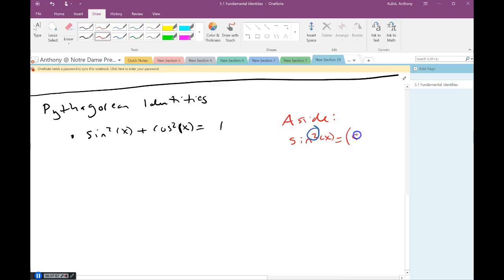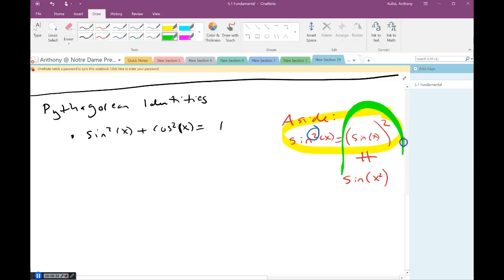But what we really mean by this is sine x, quantity squared, but for the purposes of not having to write down a million extra parentheses, we're going to write sine x squared as sine squared x. And worth noting that this is not the same thing as this. Okay, so those three things, this is the same. This is not the same. Just so everybody's clear.